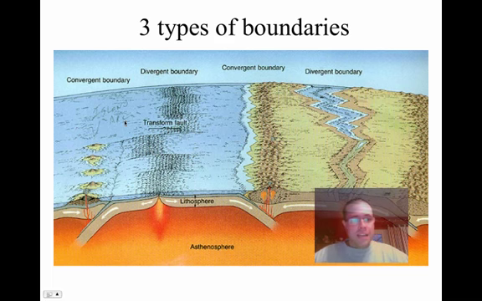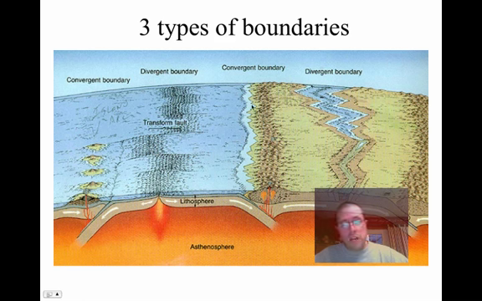So as we look at these different types of boundaries, in this diagram, it says over here on the left, convergent boundary. And it's not necessarily what we may be thinking of as a convergent boundary, but this is oceanic crust to oceanic crust. And in this case, it's forming an island arc.